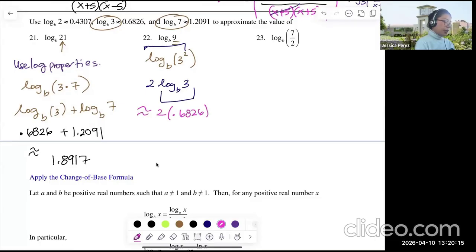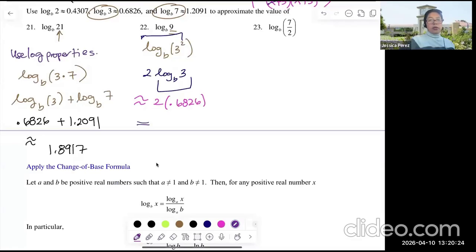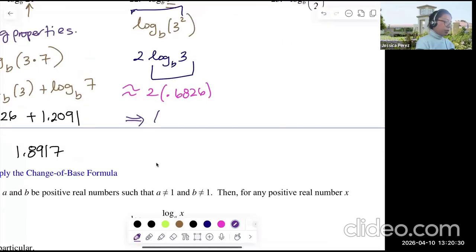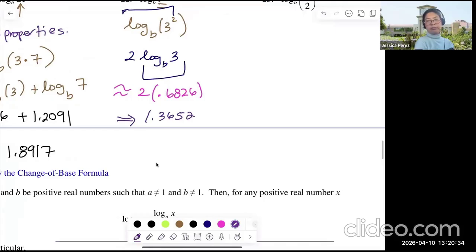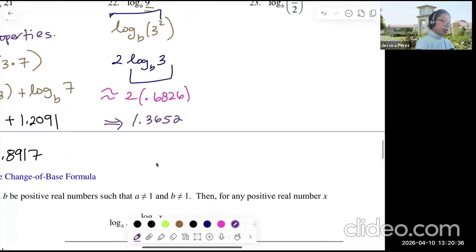Go ahead and punch this in your calculator. What do we get here? 1.3652 approximately. Again, just using log properties.